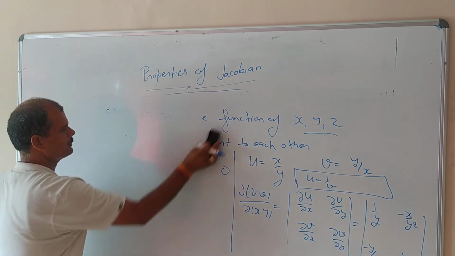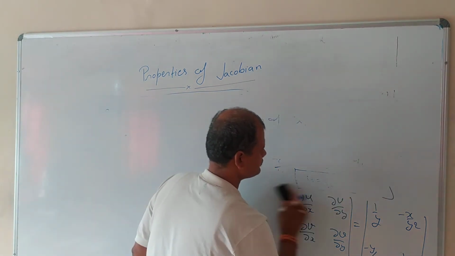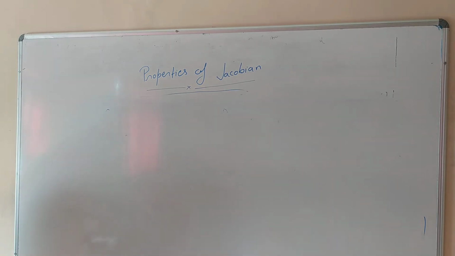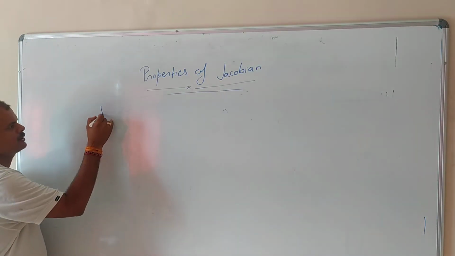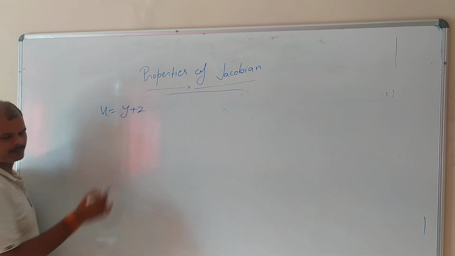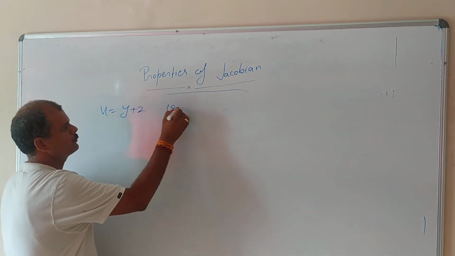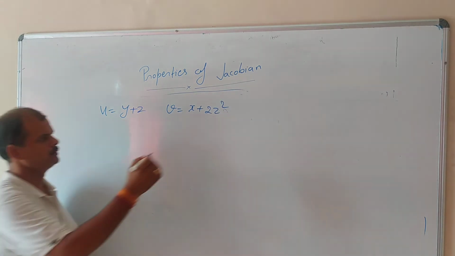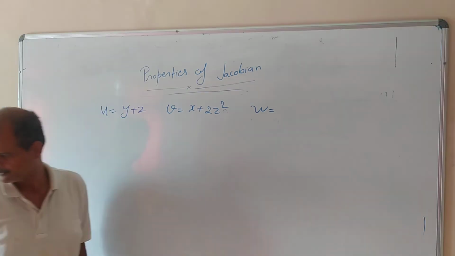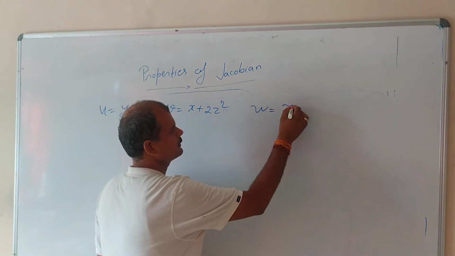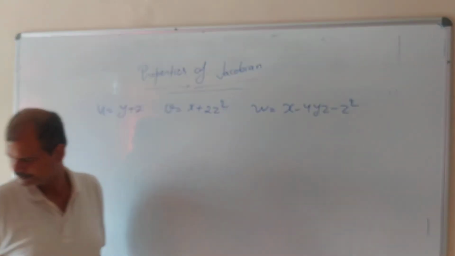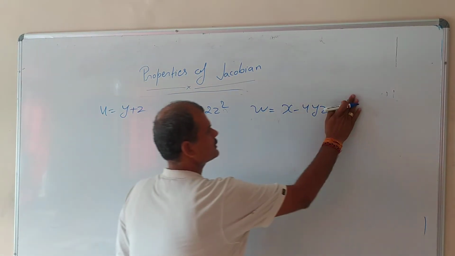Let us take one more problem based on the same property. We'll take three variables u, v, w. Let u equal y plus z, v equal x plus 2z square, and w equal x minus 4yz minus 2y square, sorry, 2y square.